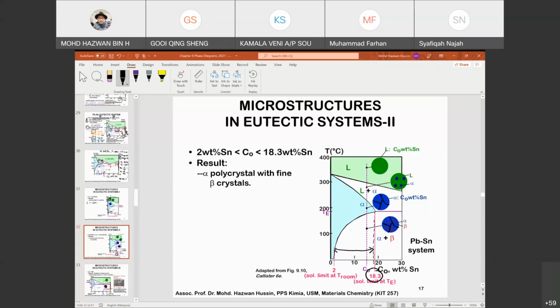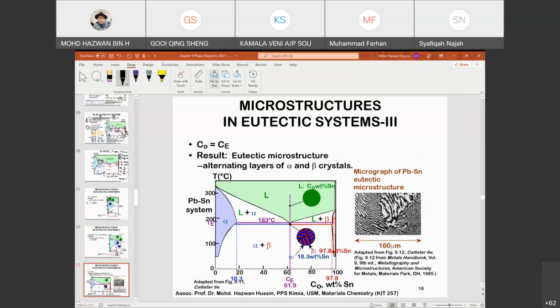Another region is at the eutectic composition. If you have the eutectic composition and want to see the microstructure, there are only two possibilities, because this region can be either liquid or alpha plus beta.